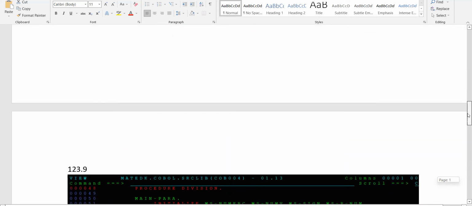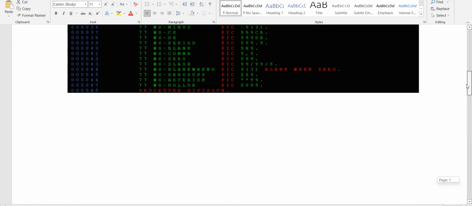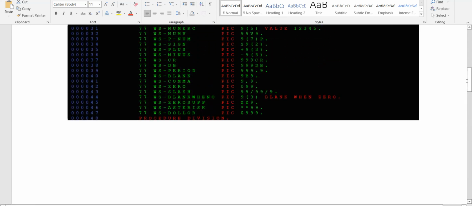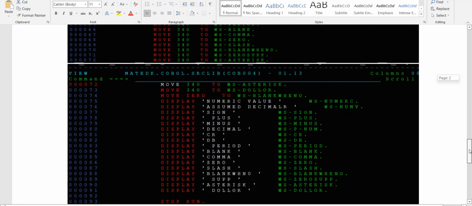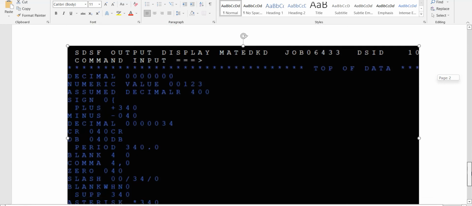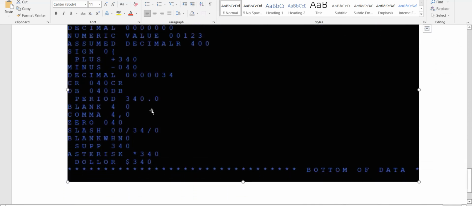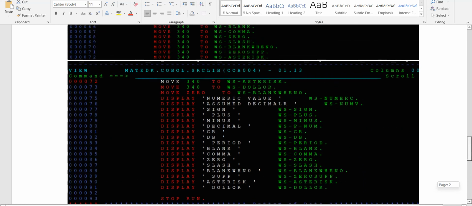Okay, how do we declare that one? This point one, see, 999.9. So it will take 5 bytes. Okay, and 340 value we have moved to here, so that it has stored 340.0. And blank, what is the blank value here?